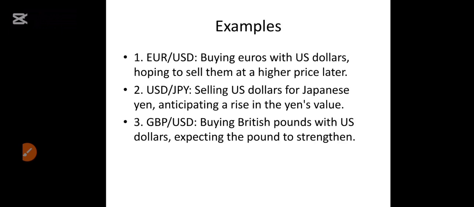Examples: EUR/USD, buying euro with US dollars, hoping to sell them at a higher price later. Okay, so for those that are in Nigeria, for those that are in other countries, we have what we call the Bureau de change and the rest of them.